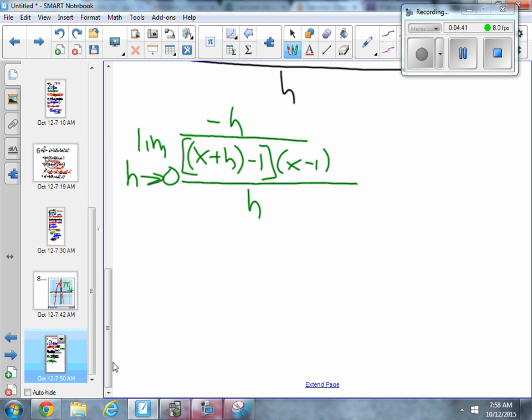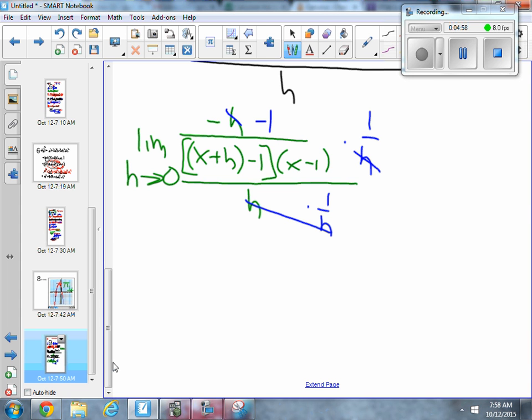And if I turn this division problem into a multiplication problem, I'm going to multiply this by 1 over h. So those h's are going to go away, and it's going to be minus 1.